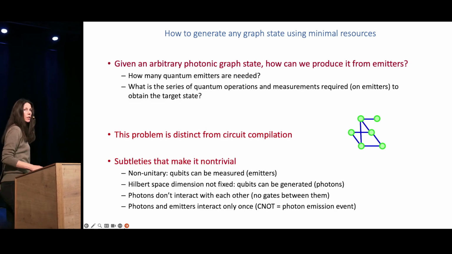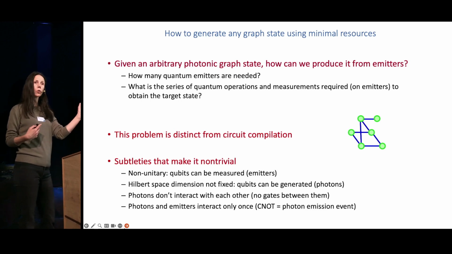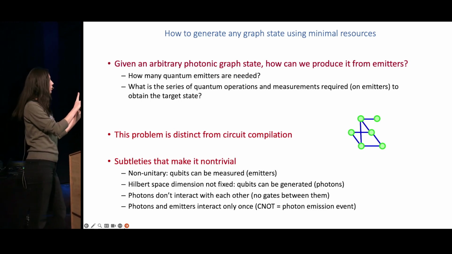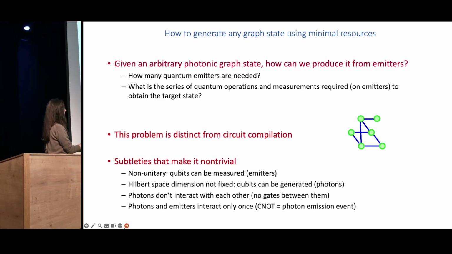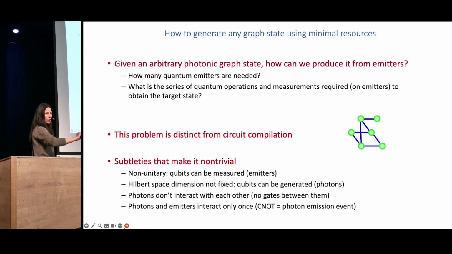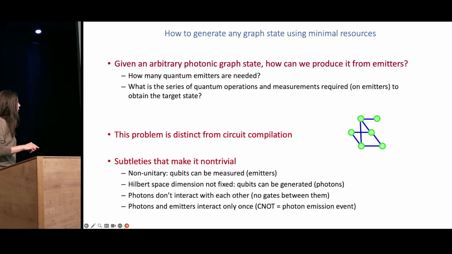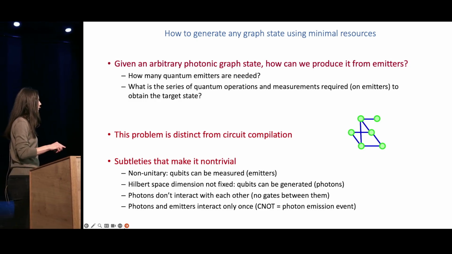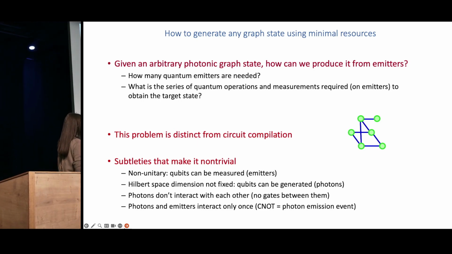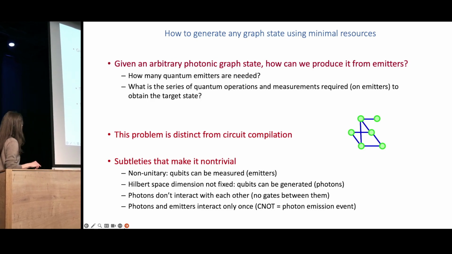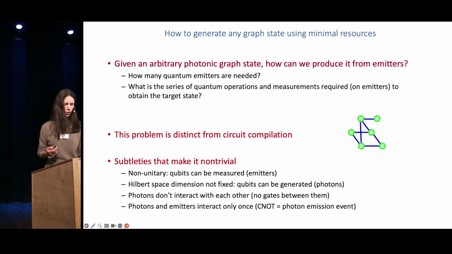It's a little bit different than circuit compilation in that it's more restricted. So the photons can only undergo one gate, which is one 2-qubit gate, which is the gate that generated them. Emitting a photon, you can think of it as an entangling gate. There's non-unitarity. I can measure qubits as I like. The Hilbert space, I start without photons. And of course, photons don't interact with each other, so that's a problem we're trying to solve.